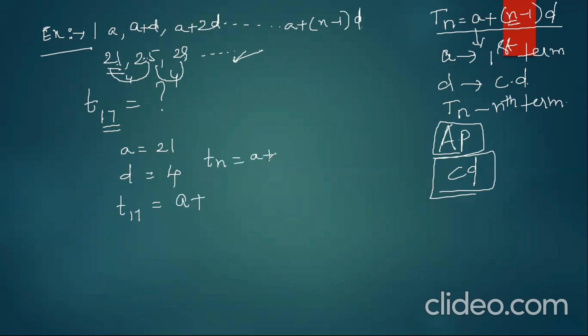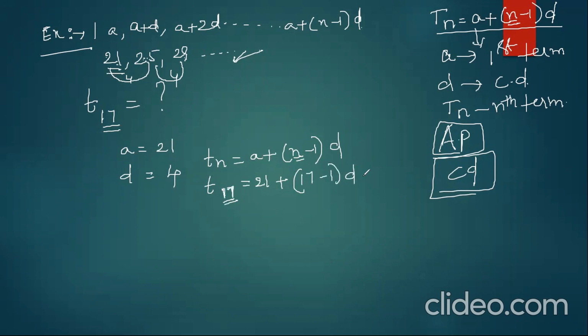Tn is equal to A plus (n minus 1) into D. T17 is equal to A, which is 21, plus n, which is 17, minus 1 times D. D is 4.